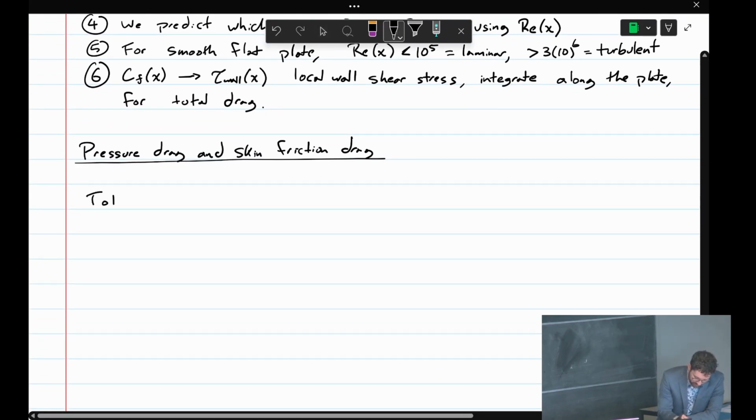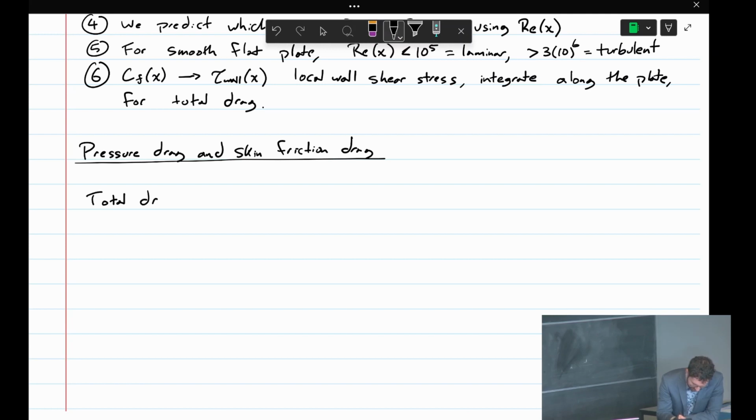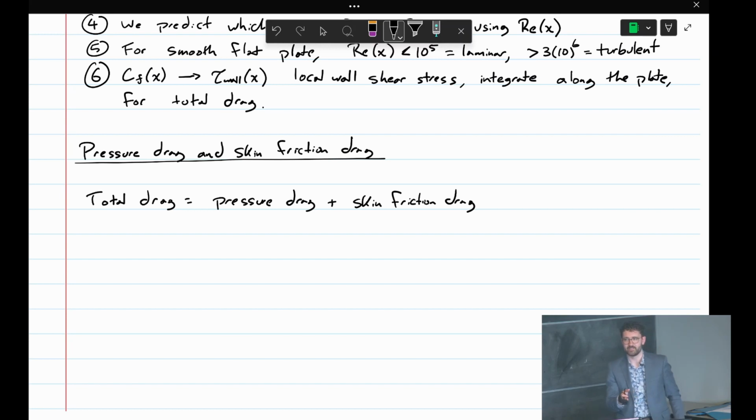So the total drag on something is usually pressure drag plus skin friction drag. Skin friction drag is exactly what we saw above.